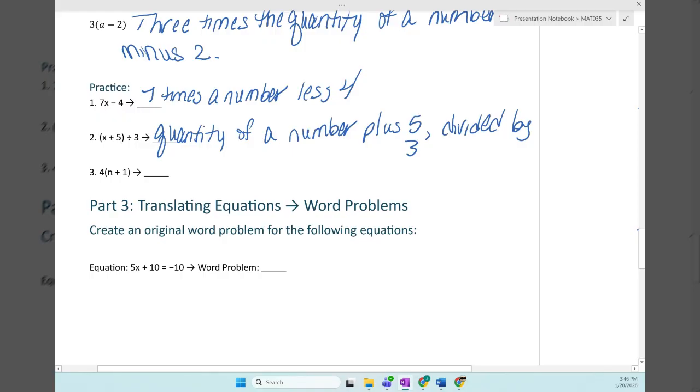And maybe this last one I might say 4 times the quantity of a number plus 1.